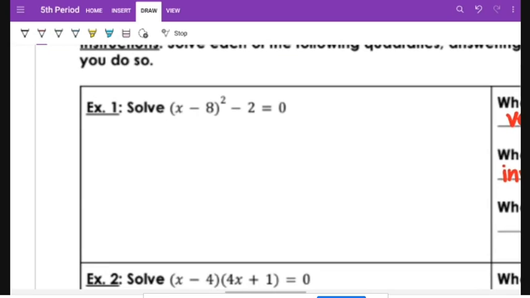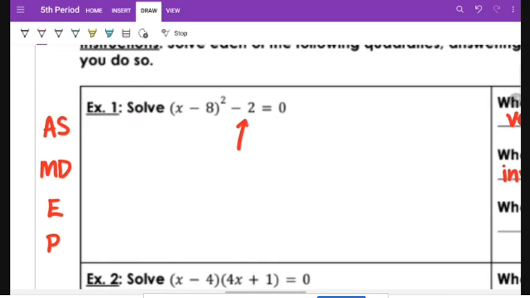Remember that inverse operations have to be done in a very specific order. It's PEMDAS backward. So we start with AS, then we do MD, then we do E, then we do P. PEMDAS backward. So first, we're going to undo the addition and the subtraction.